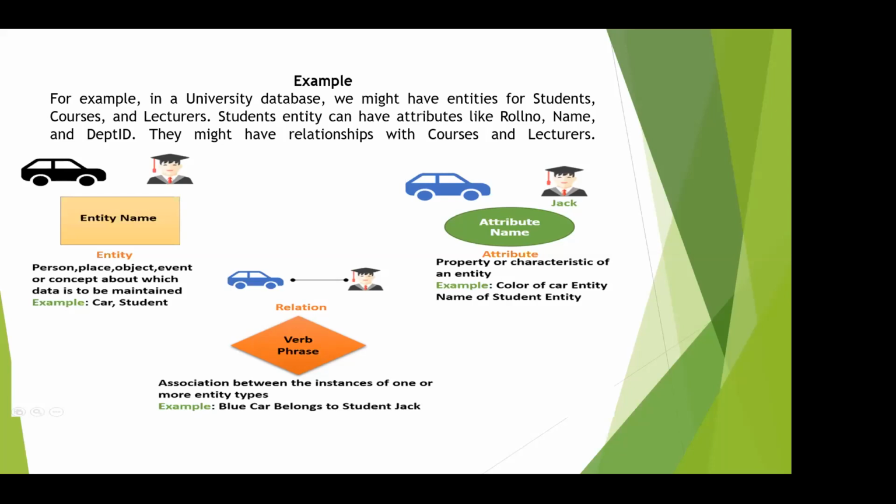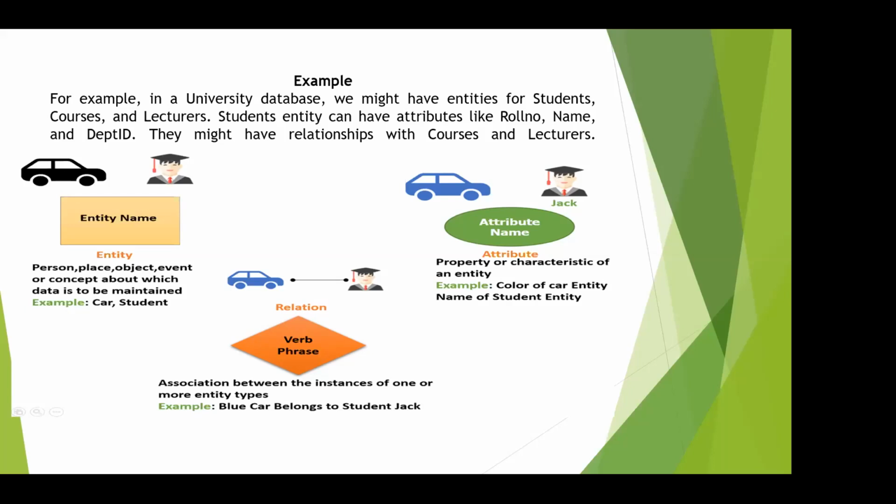Yes, entity means student. So we are defining a student. What is a student? He is going to college to pursue some degree. So that is called an entity, a definable thing. You must remember, in the concept of the ER diagram, entity means a definable thing.